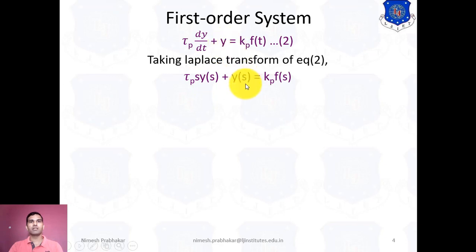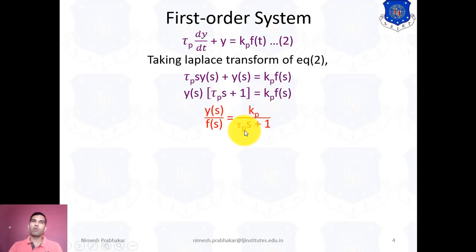Now the Laplace of y is y of s, kp is a constant, and the Laplace of f of t is f of s. Now we take y of s common on the left hand side. So we can write this equation as y of s bracket tau p into s plus 1, and the right hand side term is the same, kp into f of s. Now we can rearrange this equation as y of s upon f of s is equal to kp upon tau p s plus 1.